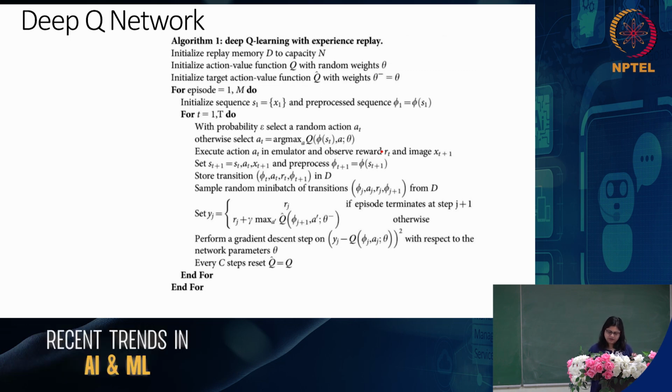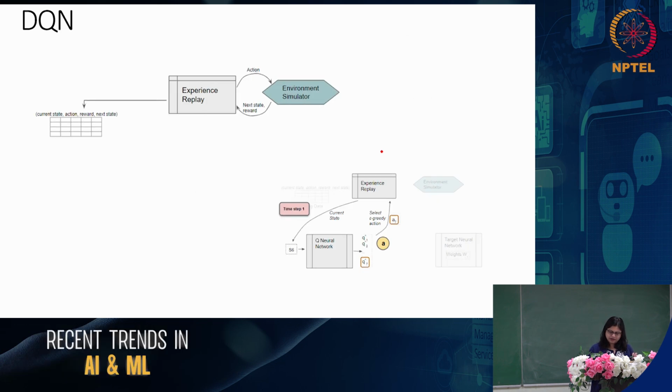I also have an illustration, so maybe I can show you this first. What is experience replay doing? It is starting with a random state and picking a random action. Then the environment simulator is consulted, and accordingly it gives the next state and the reward.